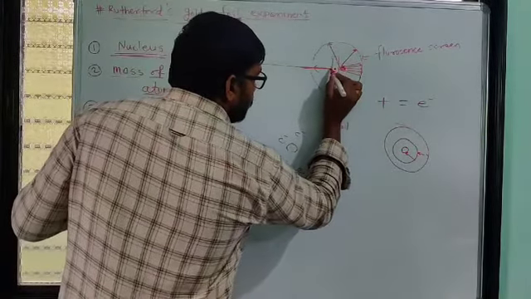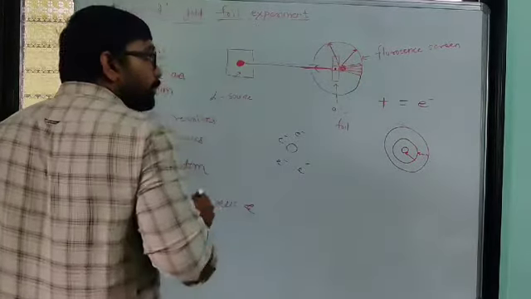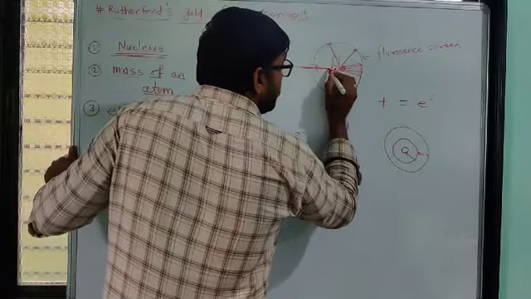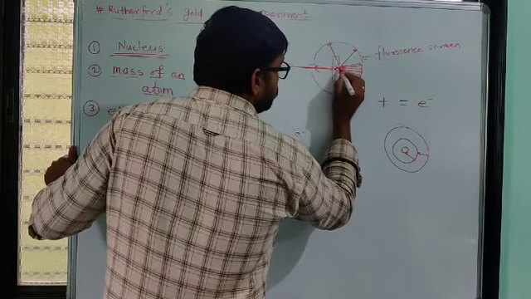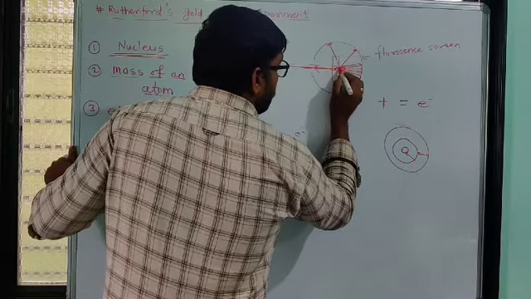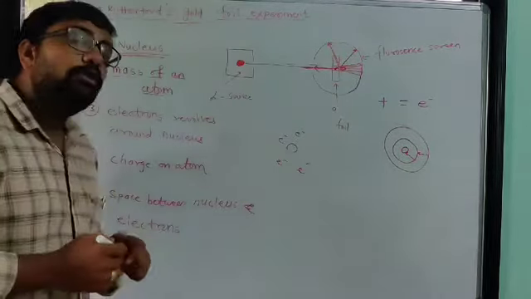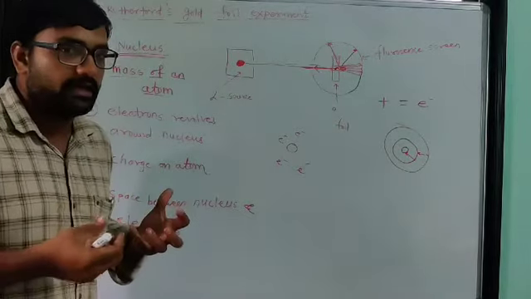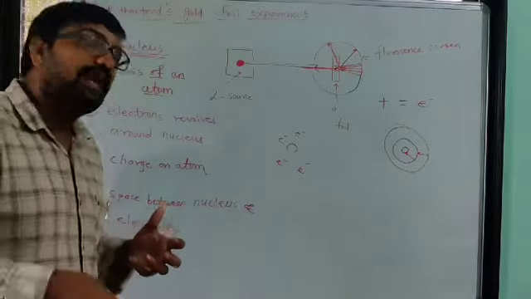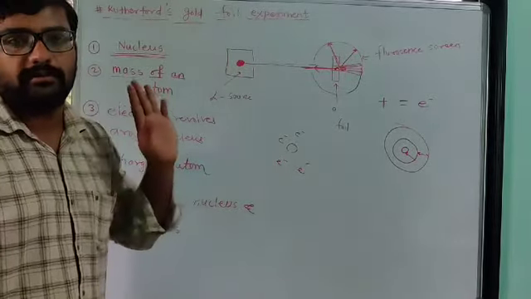Many alpha particles go straight, but some alpha particles, due to bombardment with this nucleus, deviate at small angles. Some deviate at larger angles. Due to the presence of the nucleus there is an obstacle, and due to that obstacle they deviate from their actual path.